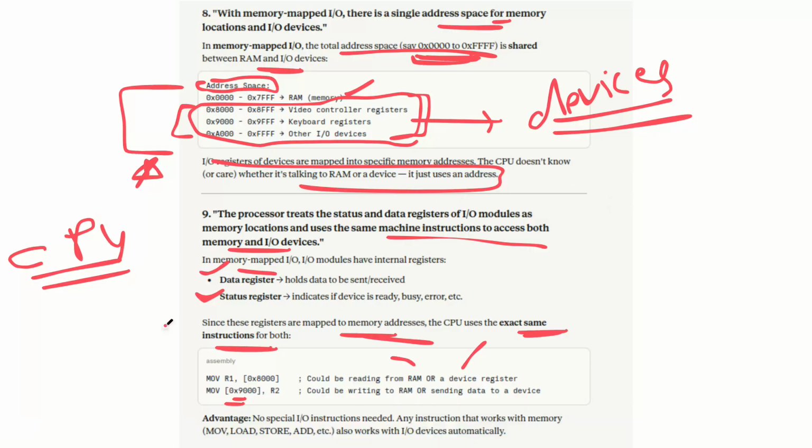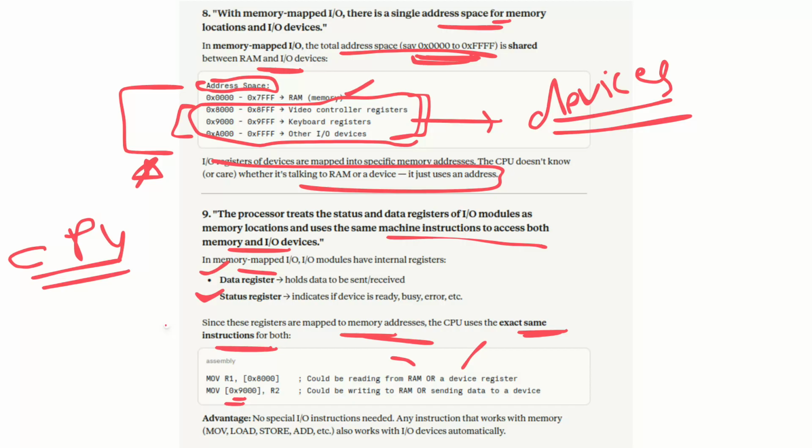So here the thing is that no special IO instruction is needed. Any instruction that is working with memory, like move, load, store, and all, can also work with IO devices automatically, because in memory mapped IO, the RAM locations and the devices are all sharing the same memory address space, right?